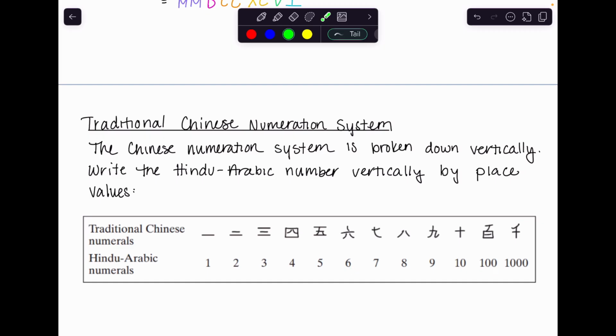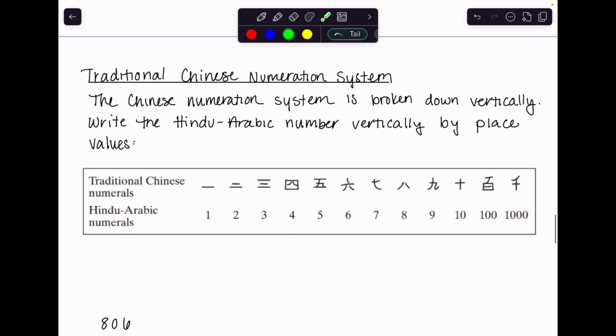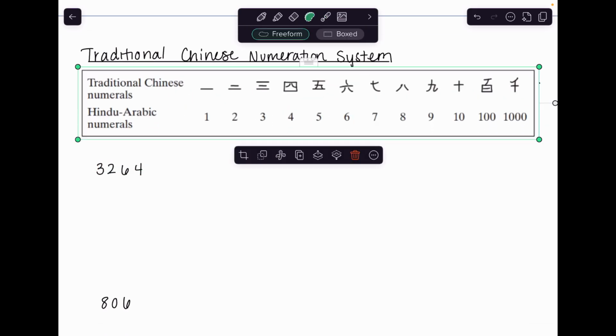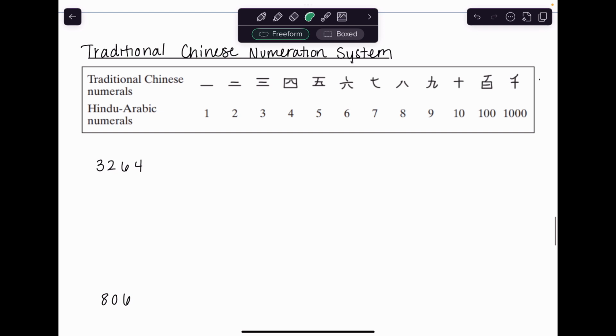okay? So what I'm going to do for this is a couple examples to start. We're going to move this out of the way. Just wanted to make sure we had that picture to utilize this. So I'm going to go ahead and break this down again based on placeholders. And I'm going to do it vertically this time because the Chinese numeration writes it vertically.